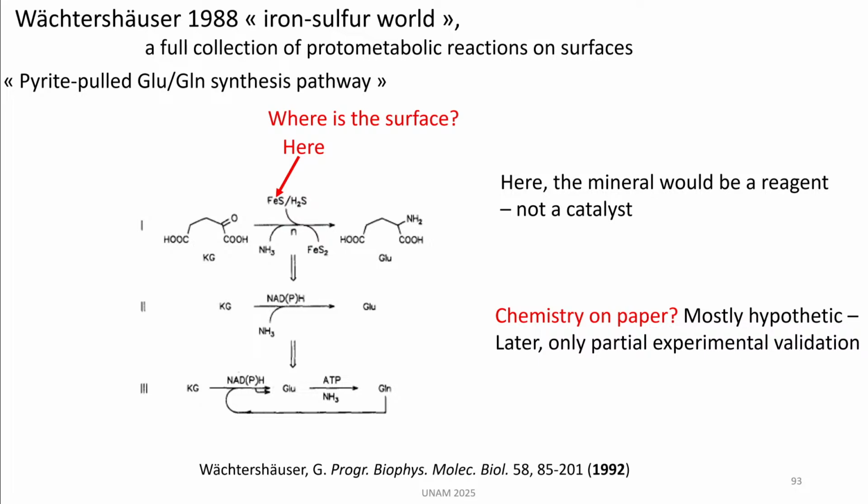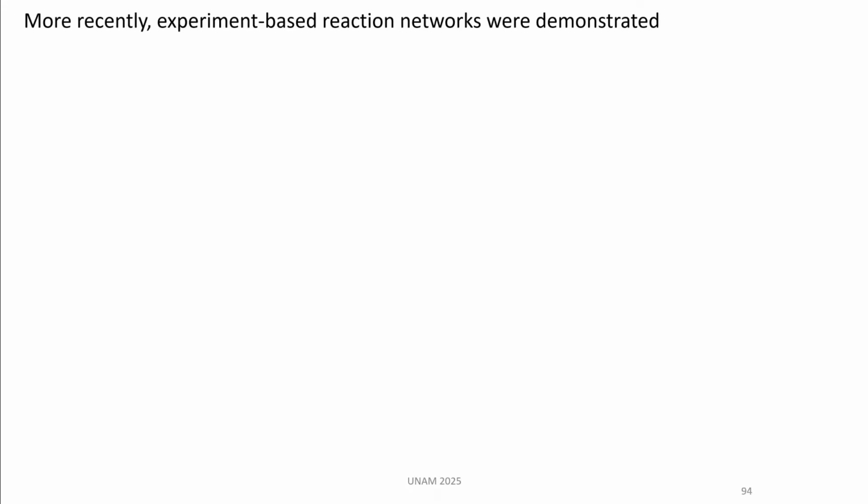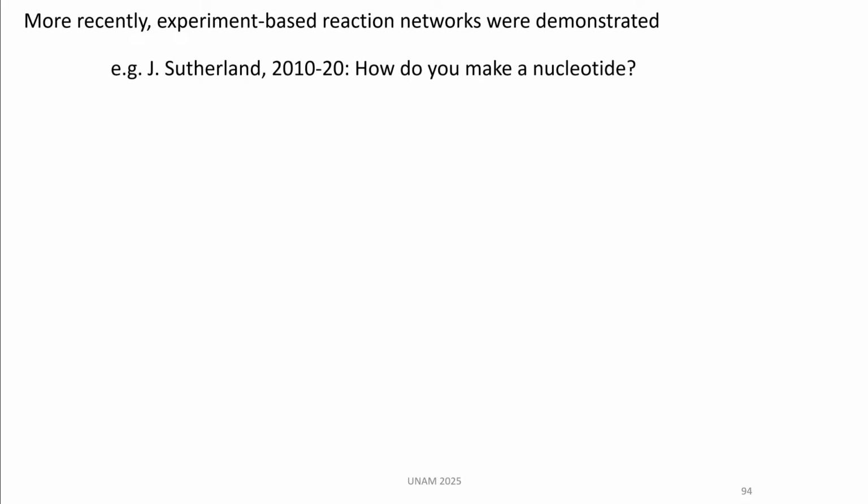So it was only very partially confirmed. More recently, there are other people who have tried again to address this question in a more systematic way and to reproduce some pathways of metabolism.